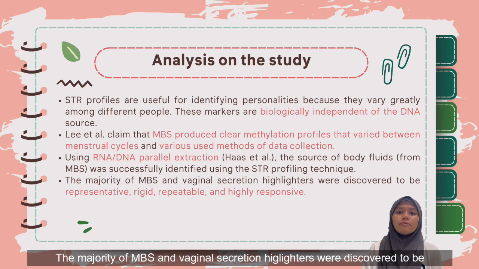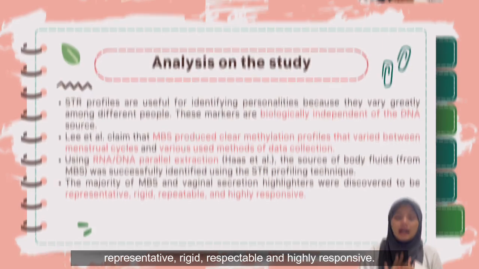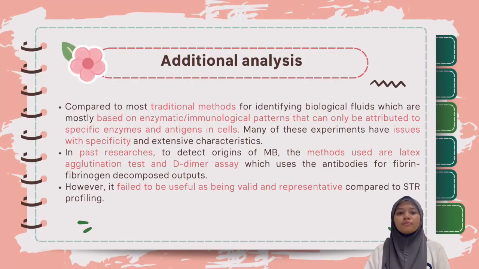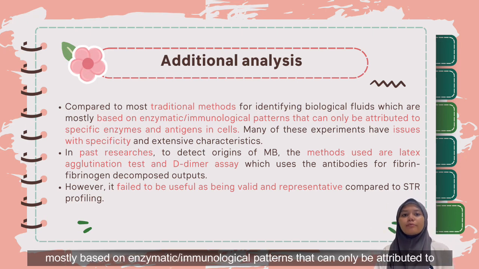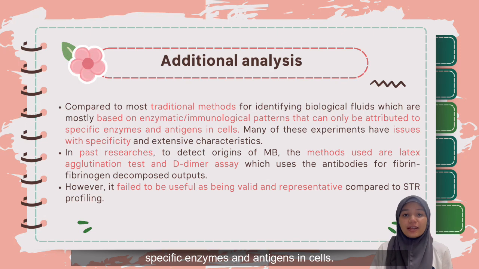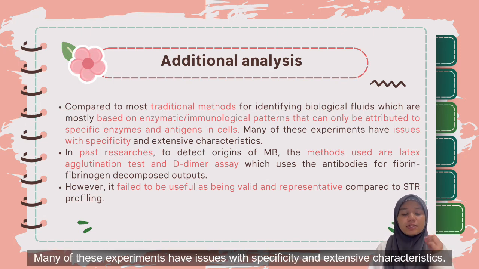The majority of MBS and vaginal secretion markers were discovered to be representative, robust, reliable, and highly responsive. In addition, compared to most traditional methods for identifying biological fluids, which are mostly based on enzymatic or immunological patterns that can only be attributed to specific enzymes and antigens in the cells, many of these experiments have issues with specificity and extensive characteristics.